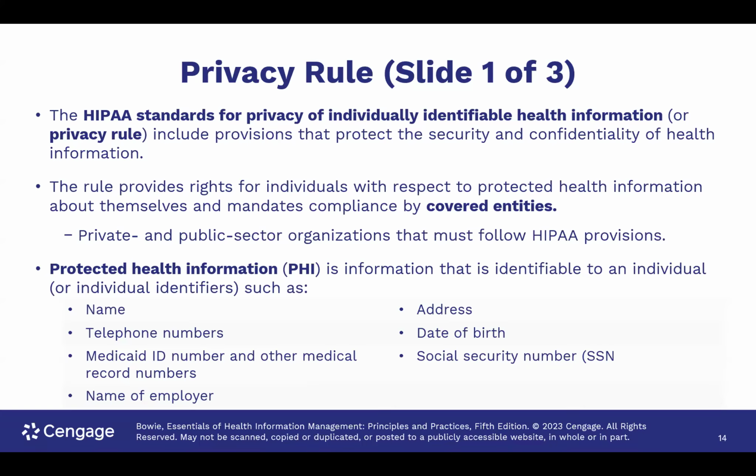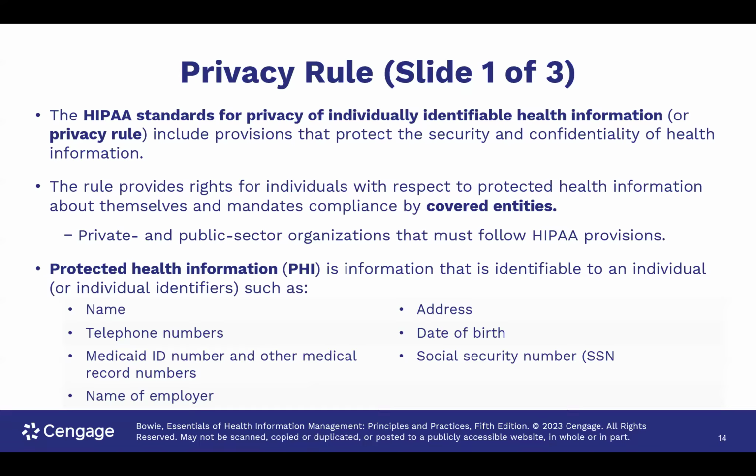The rule provides rights for individuals with respect to protected health information about themselves and mandates compliance by everybody who is a covered entity. That's individual physician offices, hospitals, insurance companies, data warehouses, and everything else.